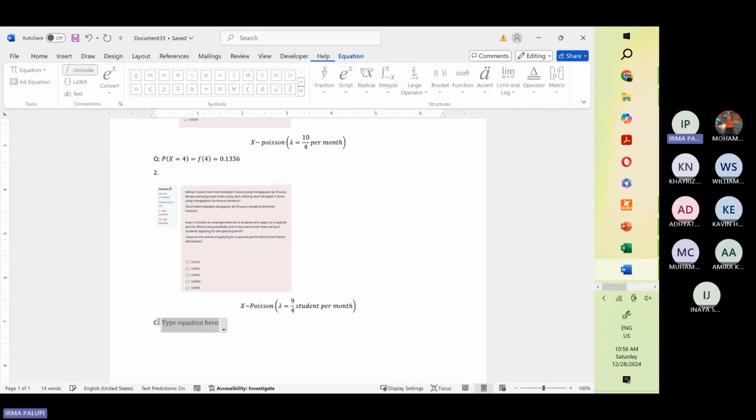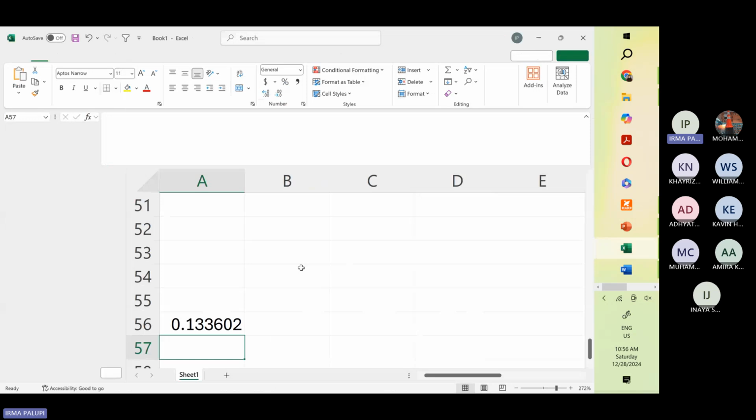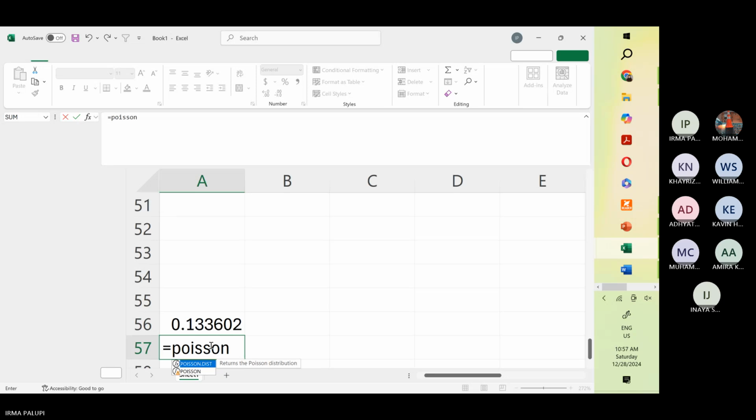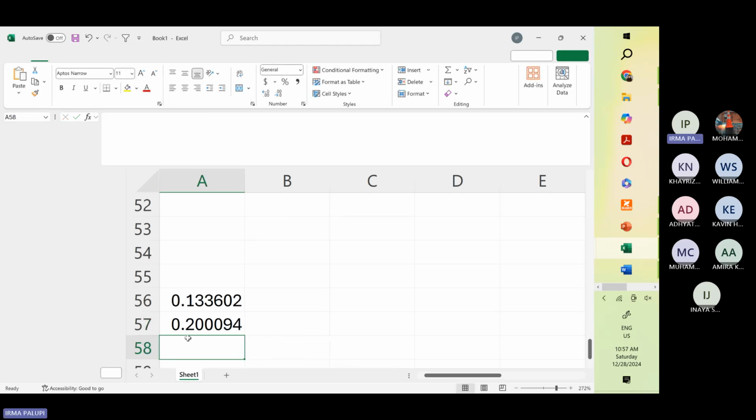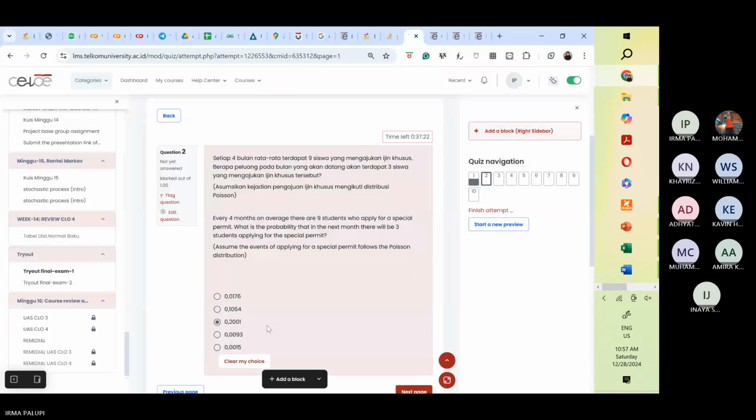So the question is the probability of X equals 3. This is 0.2. So that's the answer, 0.2.